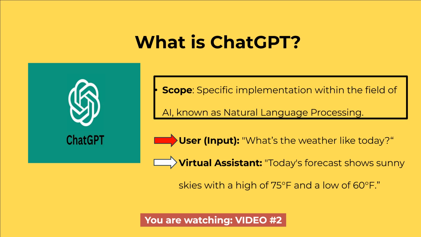The response is like this: Today's forecast shows sunny skies with a high of 75 degrees and a low of 60 degrees. This is a clear example of ChatGPT's natural language processing.